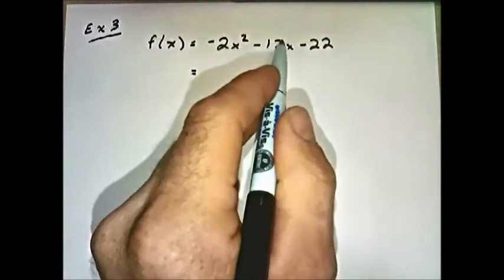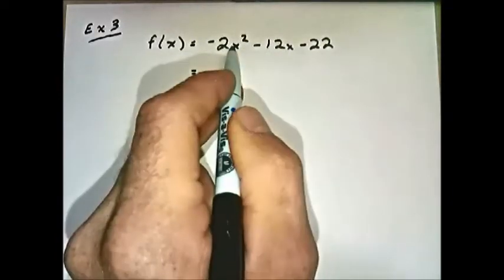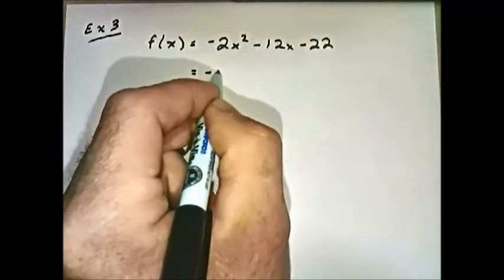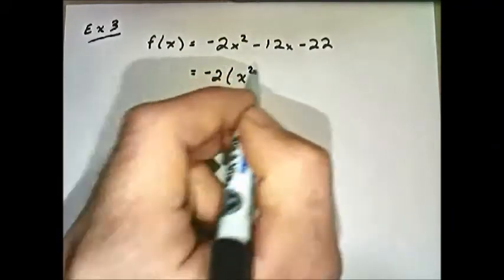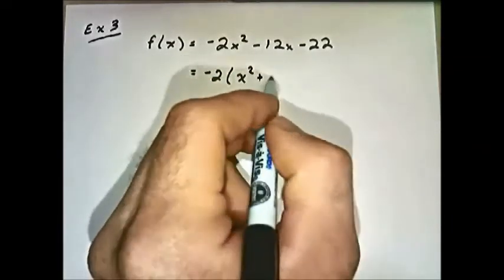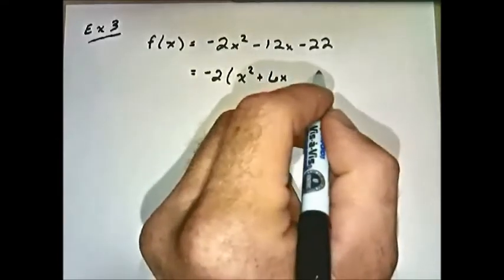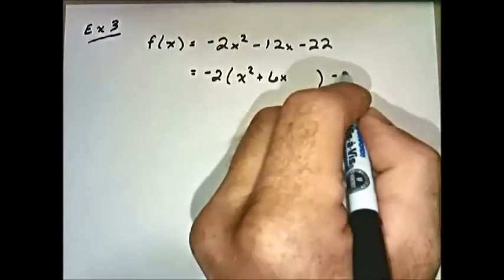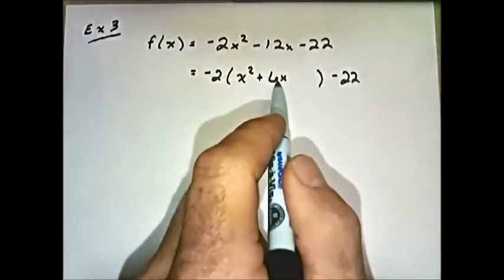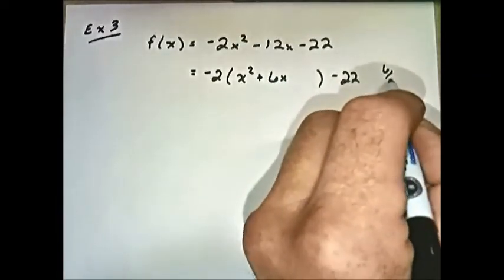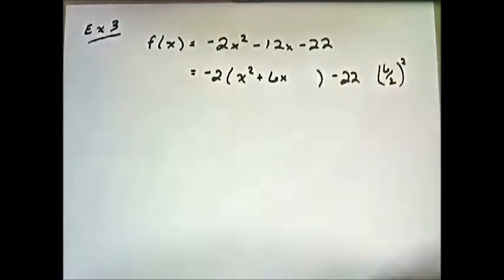We're going to factor out that negative 2 out of the first two terms since we have a leading coefficient. So we have negative 2 times the quantity x squared plus 6x, leaving a space, minus 22. Take the linear term, divide it by 2, and square it.